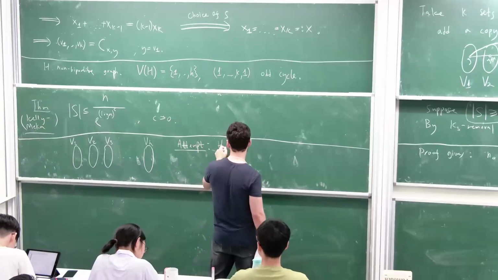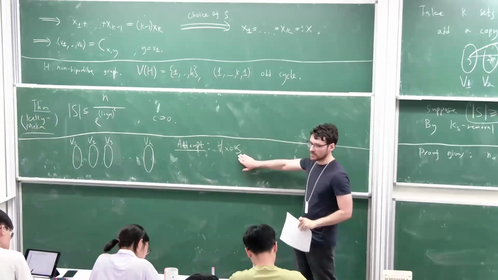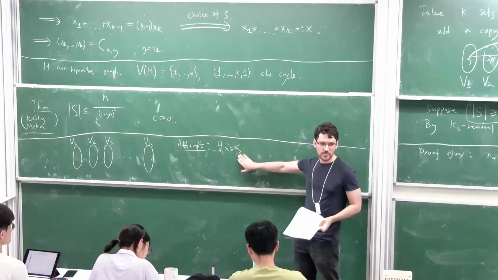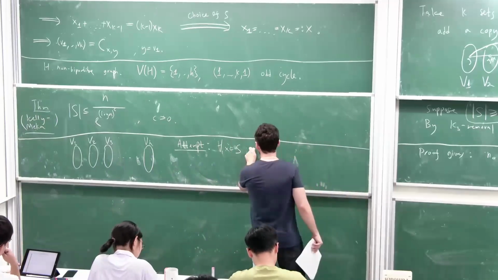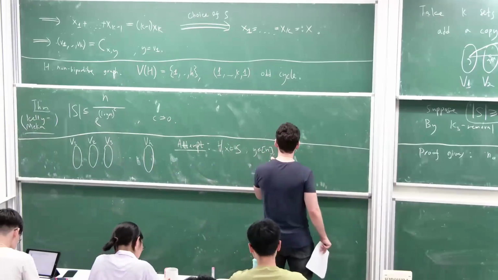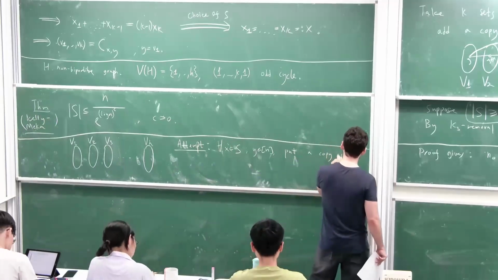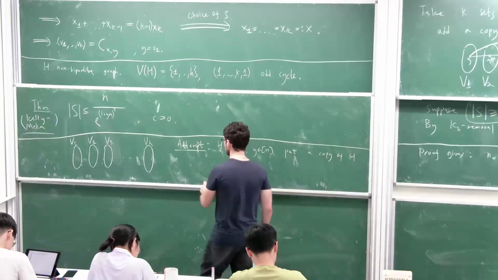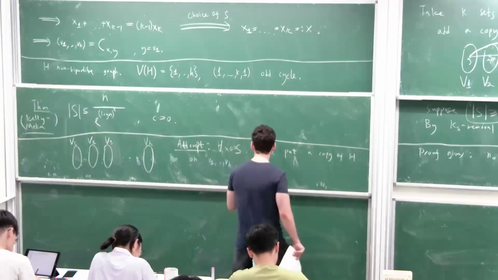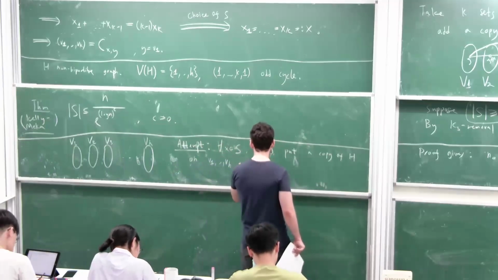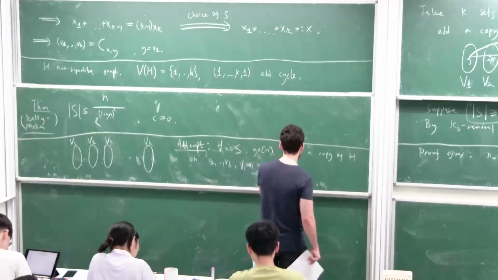For every x in our set S, and y in n, we can put a copy of H on V1 up to V_h, where v_i is in V_i, and it's equal to y plus (i minus 1) times x.